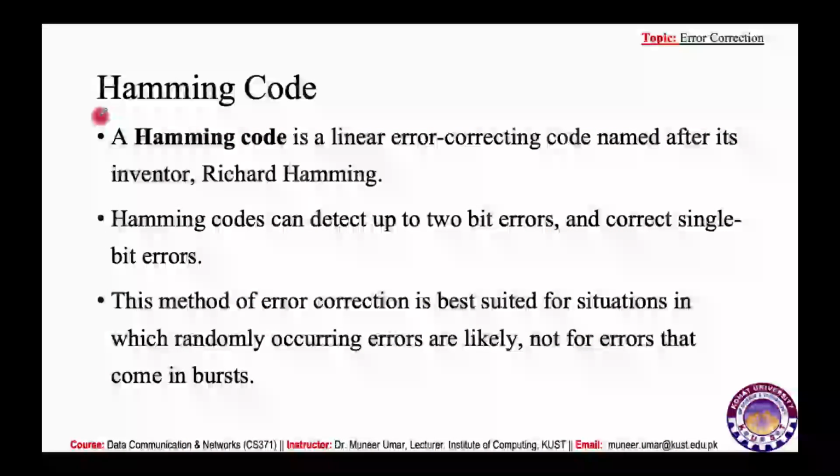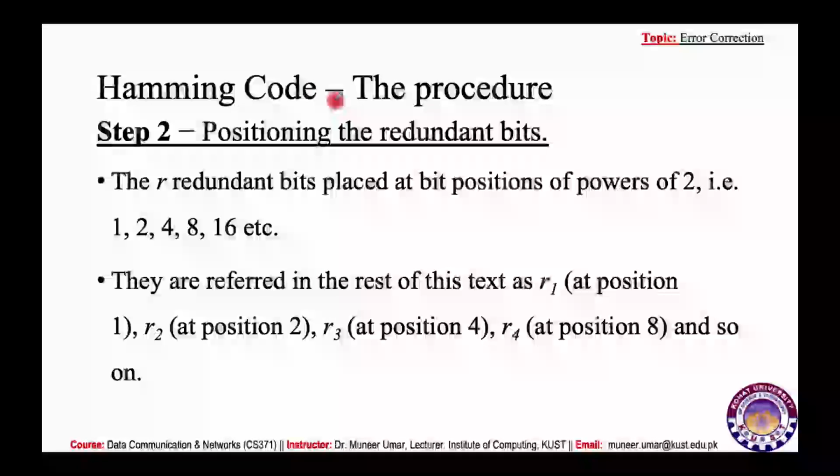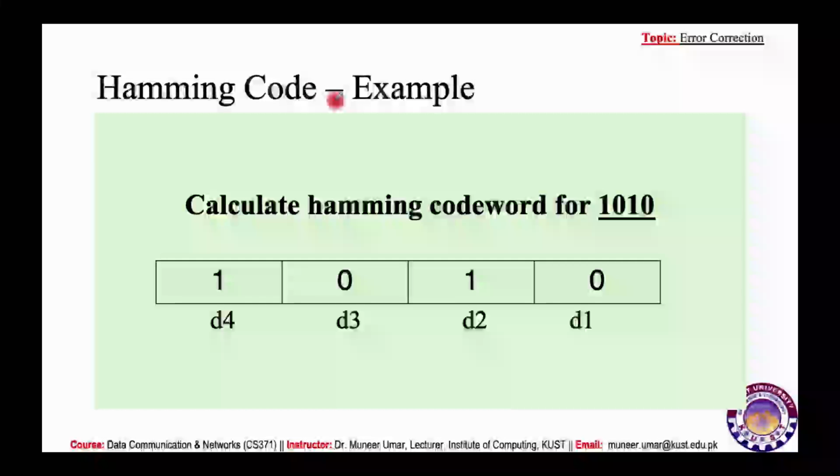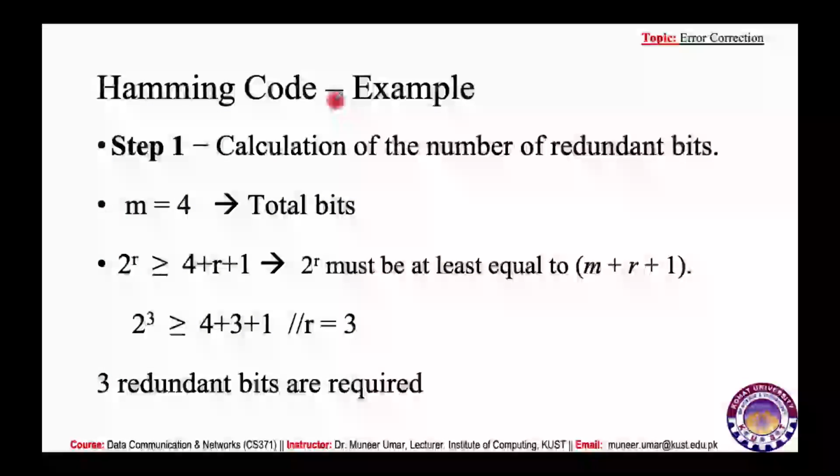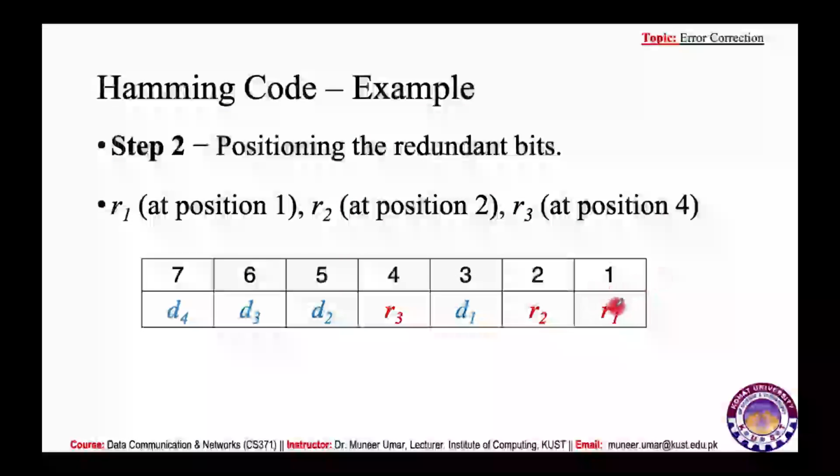Now let's start with the Hamming code. In Hamming code, we provide some additional bits. These bits are known as parity bits, and we specify some particular places for the parity or redundant bits in the block. With the help of these bits, we detect and correct the errors in the received data at the receiving end.